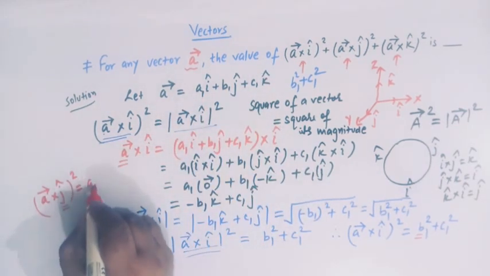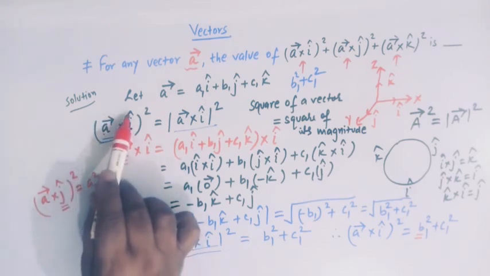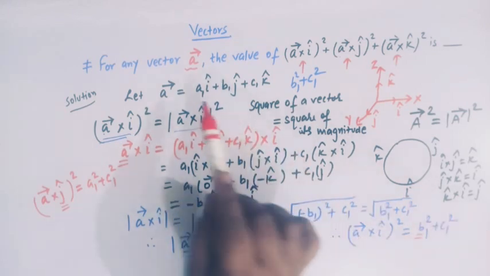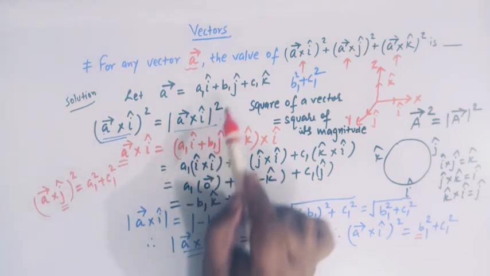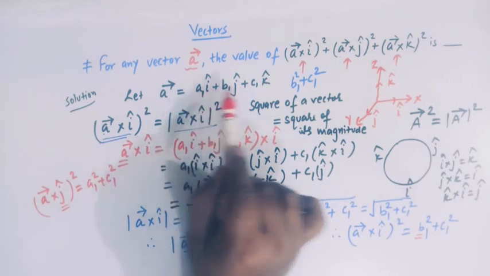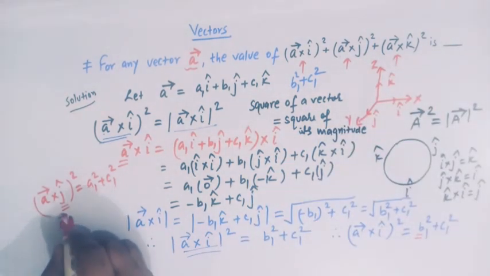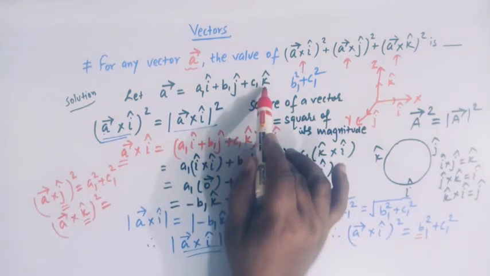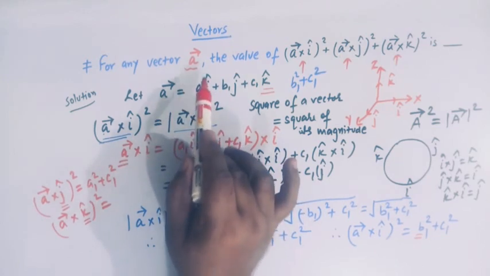So here we'll have A1 square plus C1 square. Similarly, here we have vector A cross k cap square, and here we have k cap, so we leave k cap and take the components along i cap and j cap.